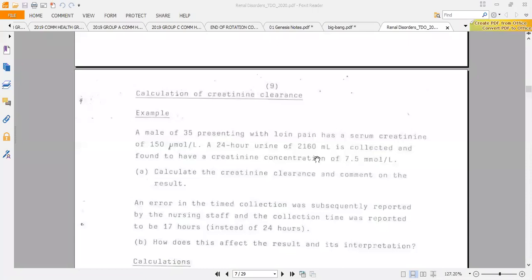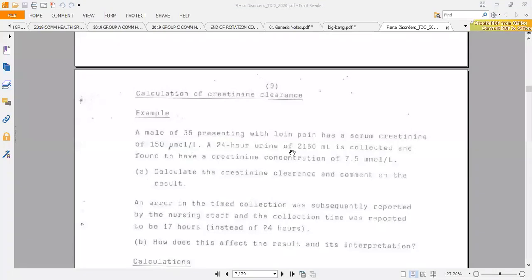And this was the volume you got, 2,160 ml. Then you calculate the creatinine concentration in the urine. Note that here we calculated the creatinine concentration in the plasma or serum: 150 micromoles per liter.